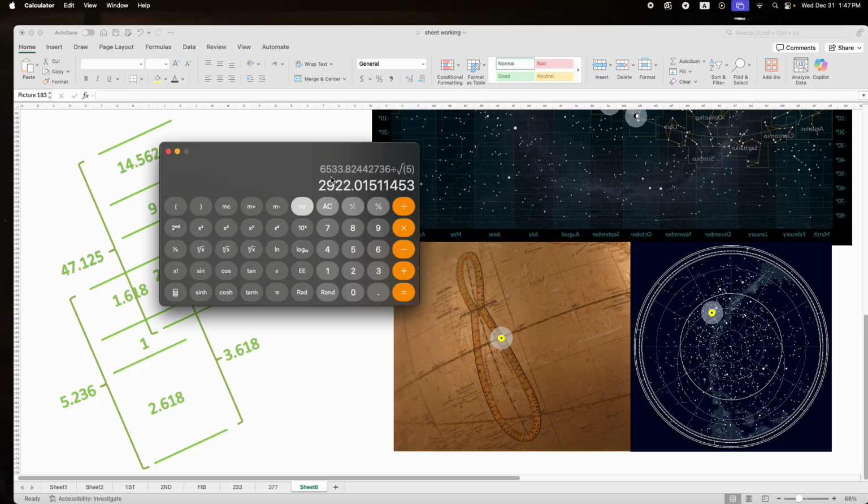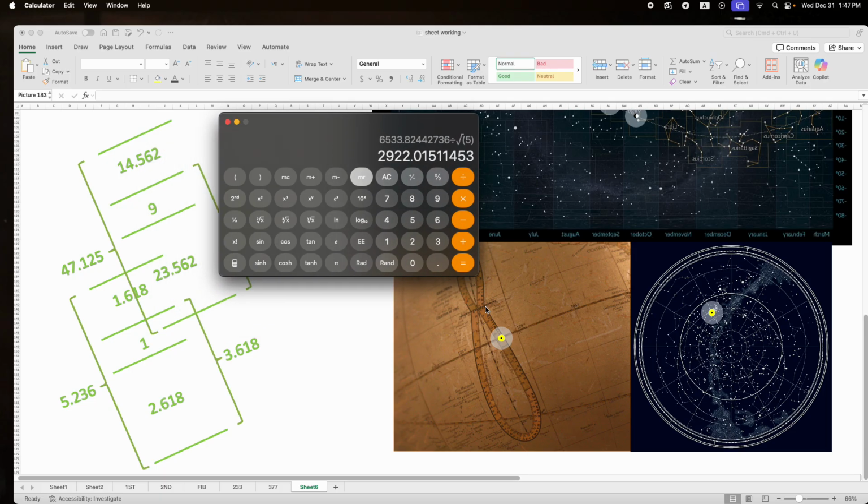And that number divided by the ratio of the analemma, the sun, 3.618, gives us 2922. Well, who cares? Well, we know that's that 8-year cycle. So that 8-year cycle of the sun to the 13-year cycle period of Venus is going to be this 2922 number.